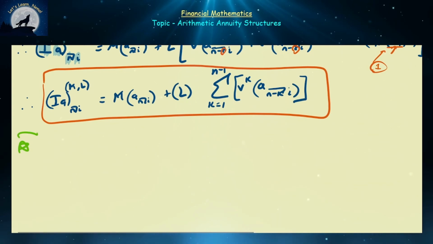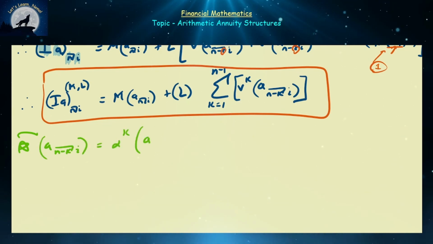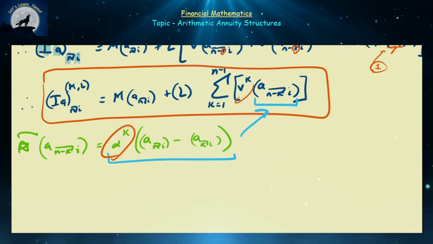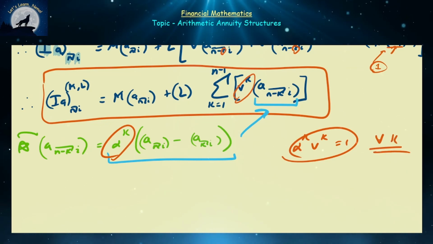Now let's go back to that identity I mentioned a few minutes ago. In particular, a_{n-k|i} is equivalent to α_k times (a_{n|i} minus a_{k|i}). So what I want to do is substitute this identity directly into this expression, and notice that that's going to give us an α_k and a ν^k next to each other. Remember, α_k and ν^k are just reciprocals of each other, so α_k times ν^k is just going to be equal to 1, and that's going to be true for any k.